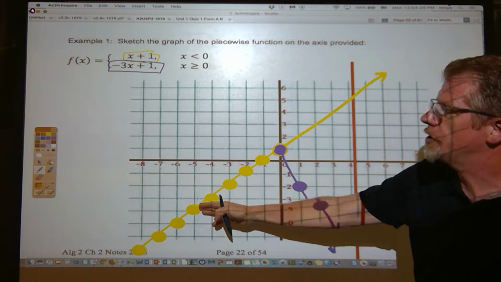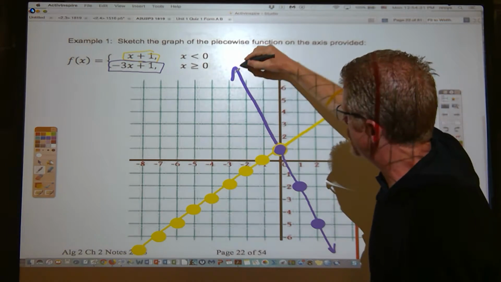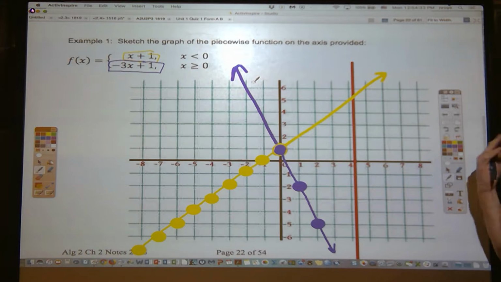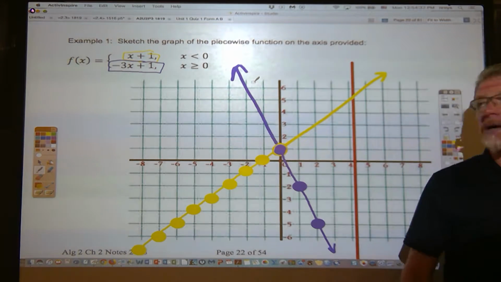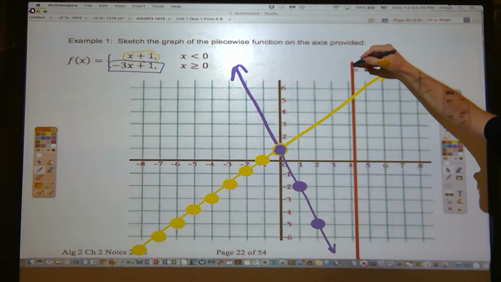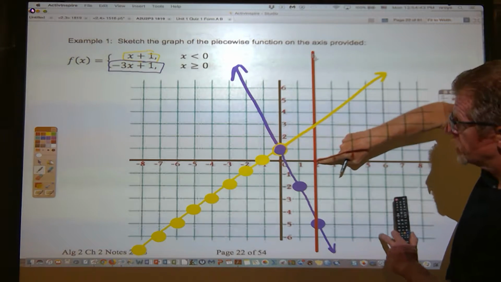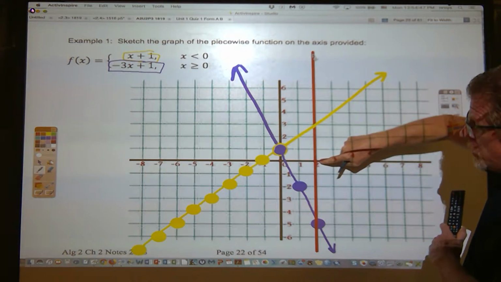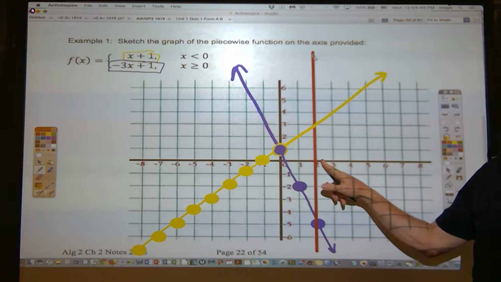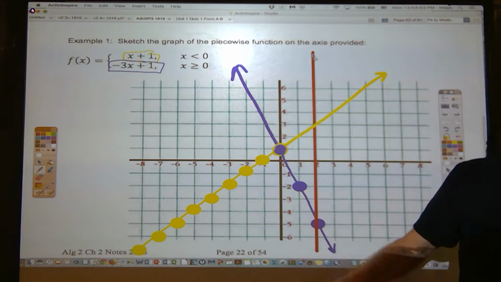They do the whole yellow line, they do the whole purple line, and they actually put their name on it, and then they turn it in, and they say, "Here, Mr. Royce, grade my paper." And so when I look at it, I'm thinking, like, what? 2 is an input that has not exactly one output. Golf ball 2. How would you feel if you were golf ball 2 and you were told to go to -5 and to +3 at the same time?